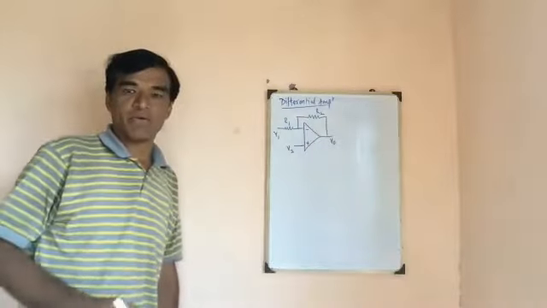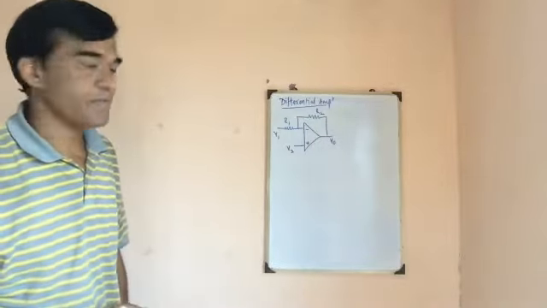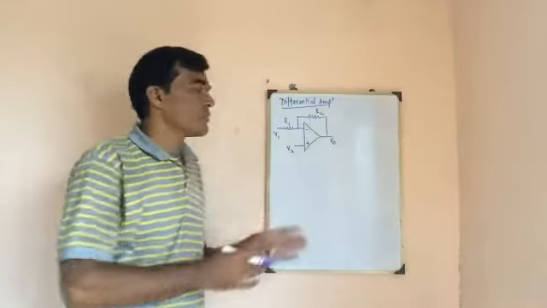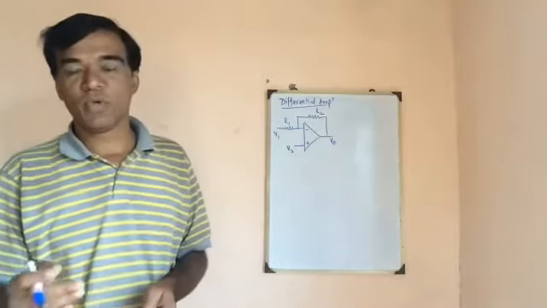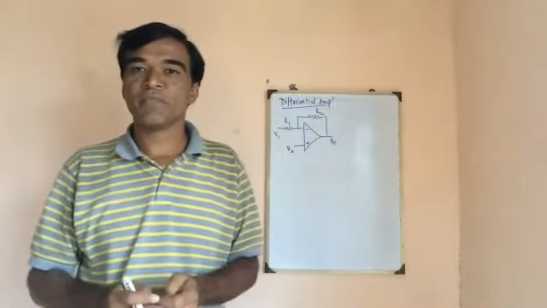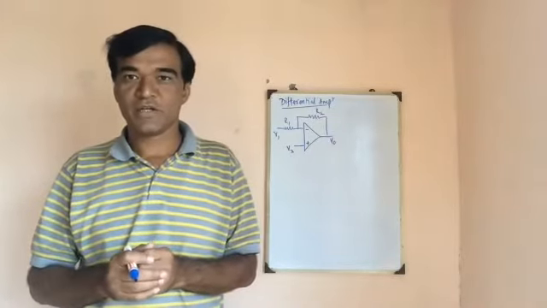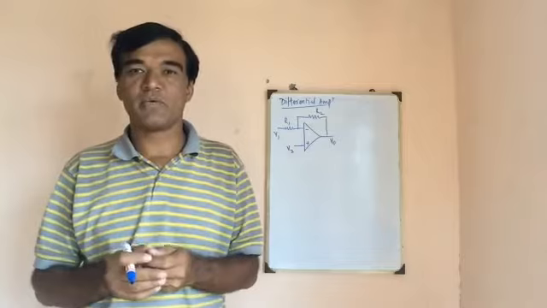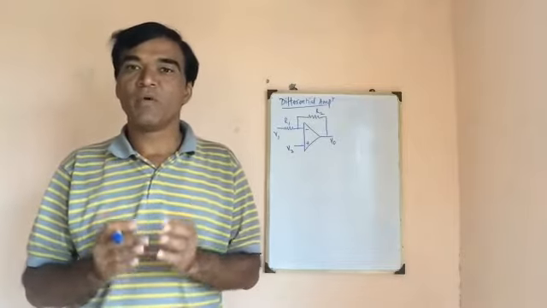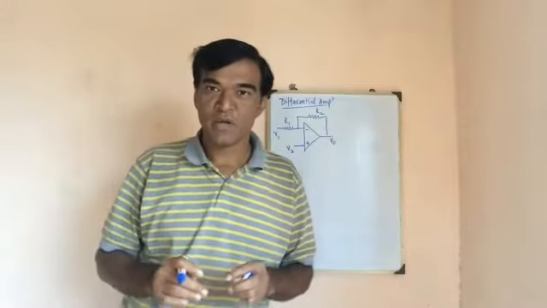Now let us derive the expression for the output voltage. This particular circuit consists of two input voltages. When a circuit consists of more than one input voltage, it can be analyzed by using the superposition theorem. What is this superposition theorem?